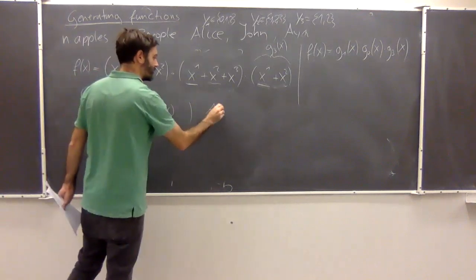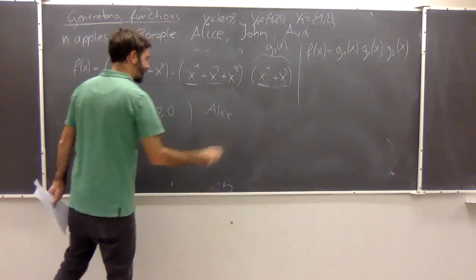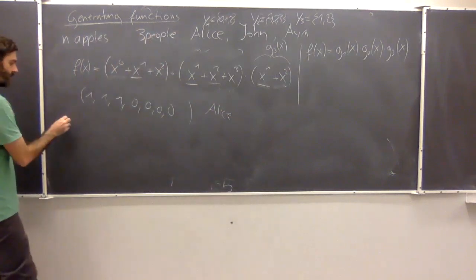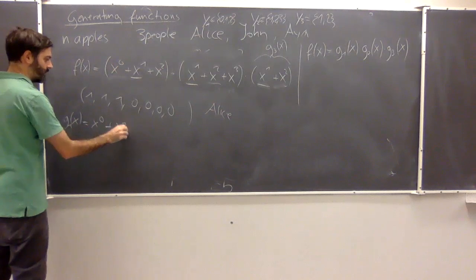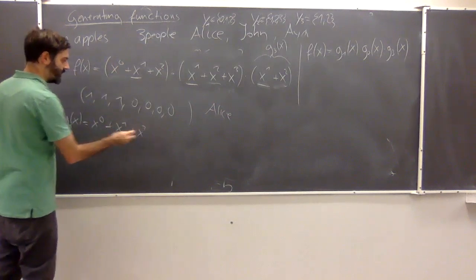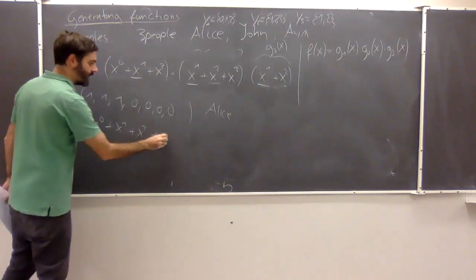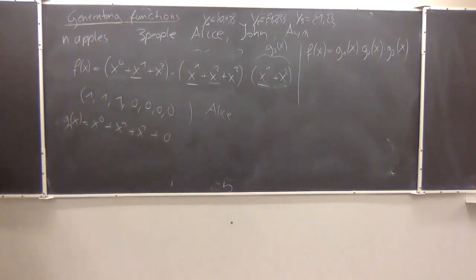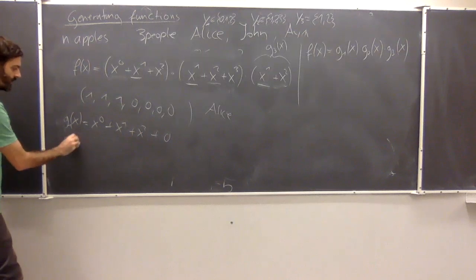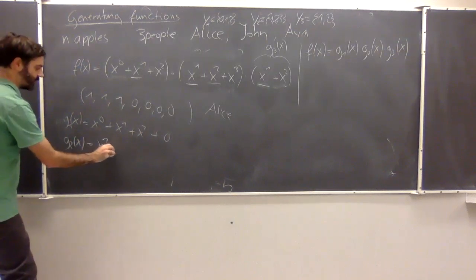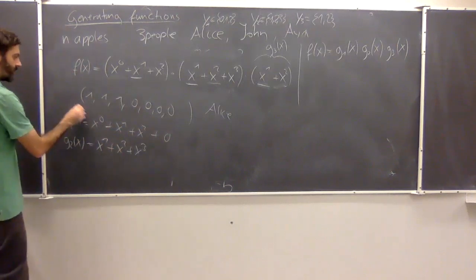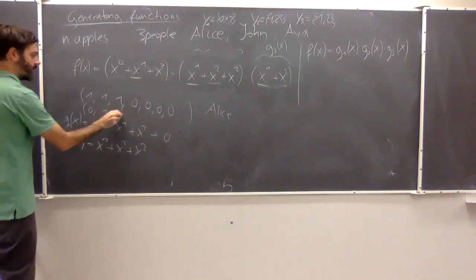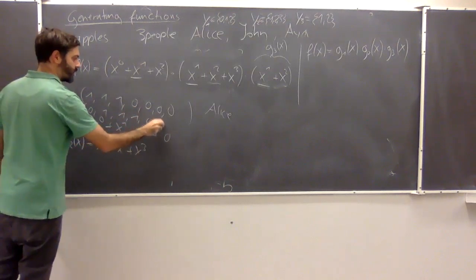This is for Alice. And the generating function G1 of x is x to the 0 plus x to the 1 plus x to the 2. These are all coefficient 1s, and then 0 for the other ones. And John, likewise, x to the 1 plus x to the 2 plus x to the 3. His sequence is a 0, a 1, a 1, a 1, and then many zeros.